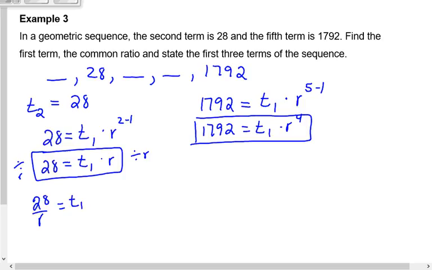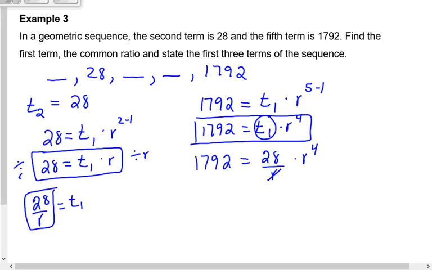I'm now going to take this value here and substitute it in for T1 right here. So 1,792 will equal 28 over R multiplied by R to the power of 4.